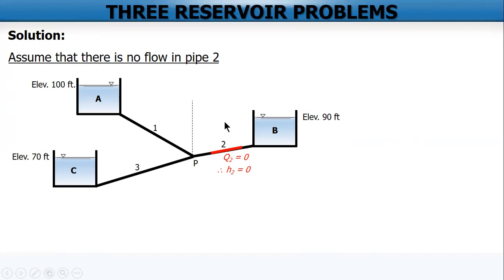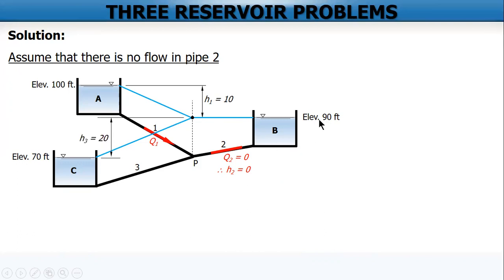Therefore, since there is no head loss, your hydraulic grade line is level, same elevation of 90. So you can plot it. H1 is 100 minus 90, which is 10, and for reservoir C, H3 is 90 minus 70, which is 20. The slope is downward, right to left, so it flows right to left.